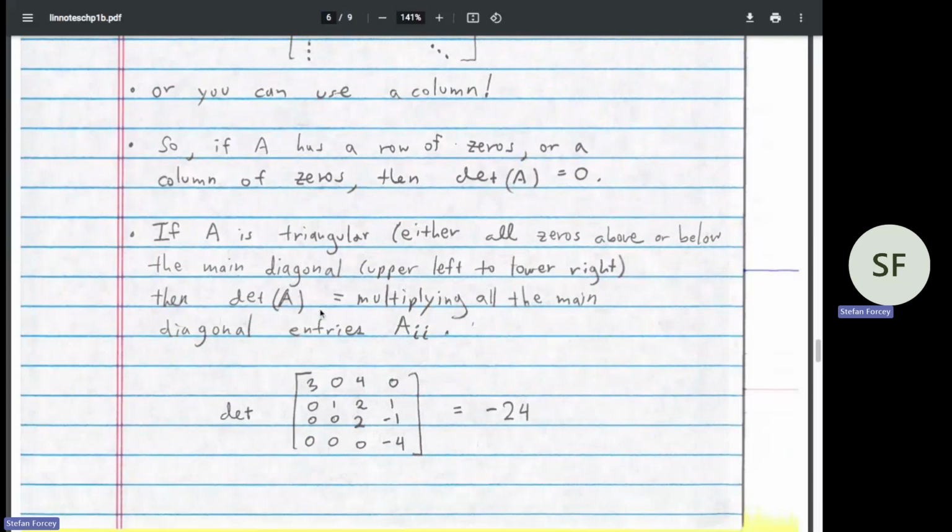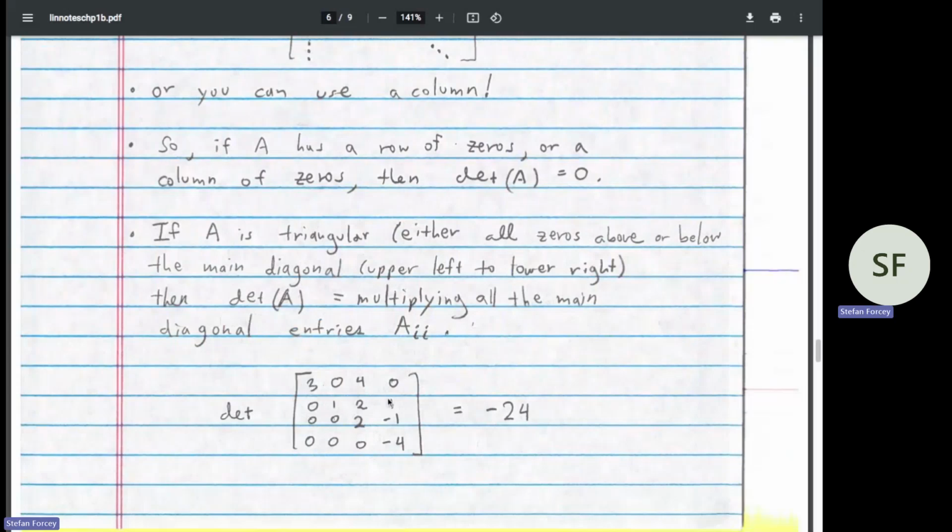In that case, the determinant of A just equals multiplying all the main diagonal entries, which you can see by taking the formula, starting with that 3, for instance, and then crossing out the row and the column, and doing the determinant of the smaller one. And as you go down that column, the rest of them will all be 0, so you can just work only with that first term.